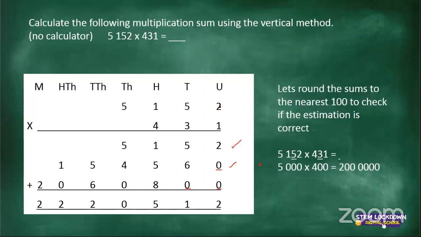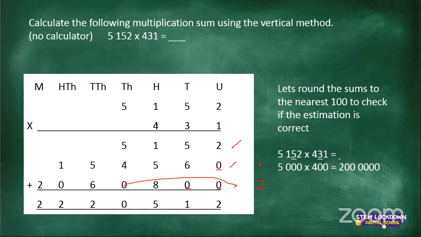Okay, so 4 times 2 is 8. Then we put our 8 here. Then we say 4 times 5 is 20. So we put our 0 here and we add a 2.